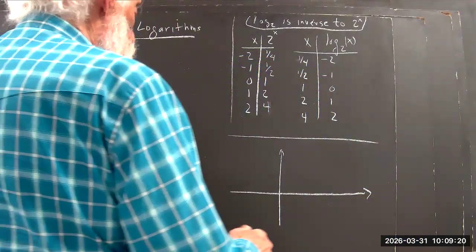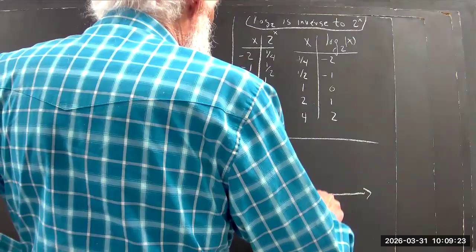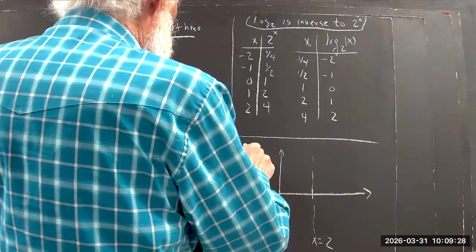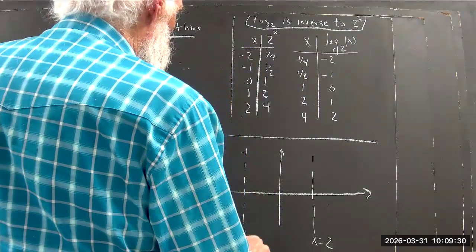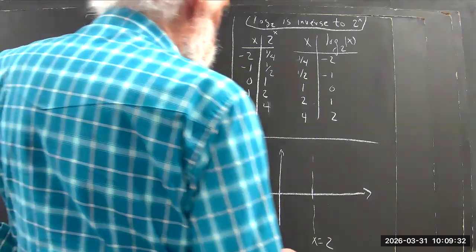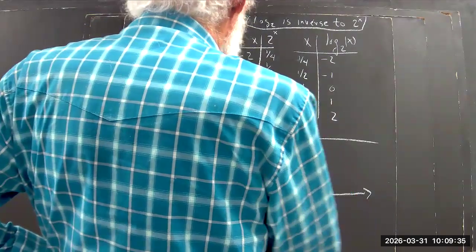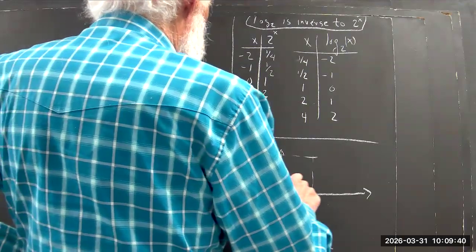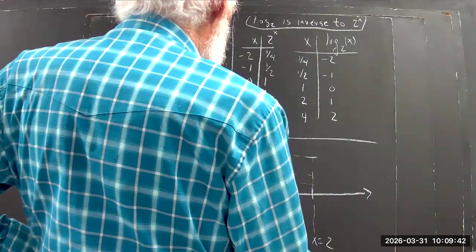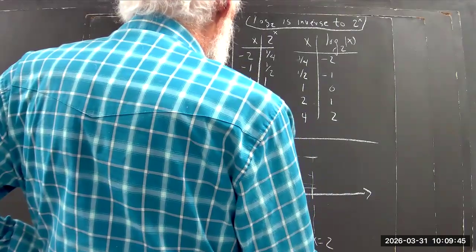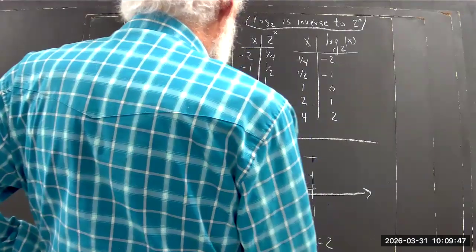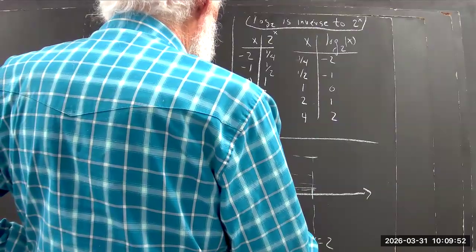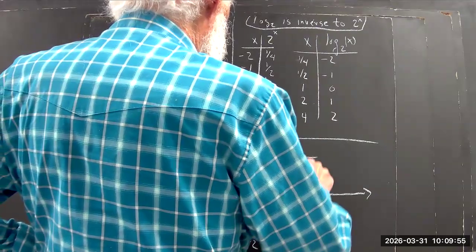Notice that I give myself a little more room on the x-axis here. I'm going to put x equals 2 here, x equals -2 here, then y equals 2 here, so that I can quickly sketch a graph of 2 to the x.